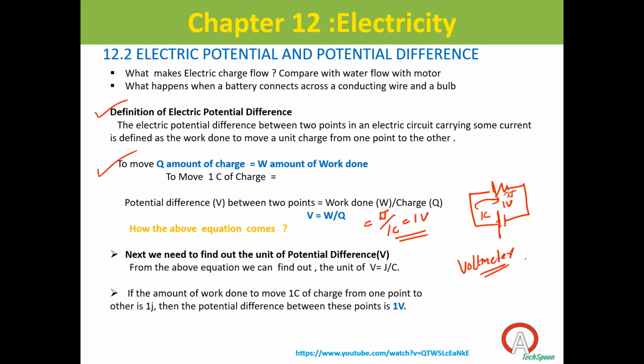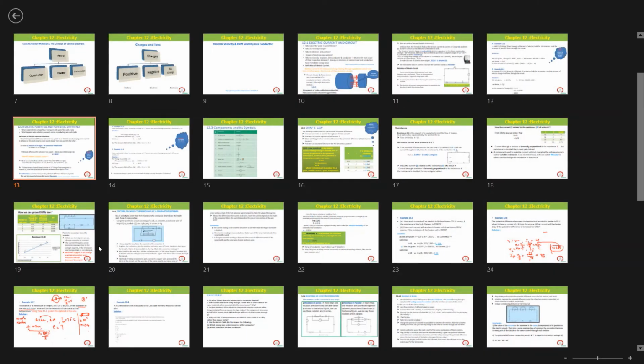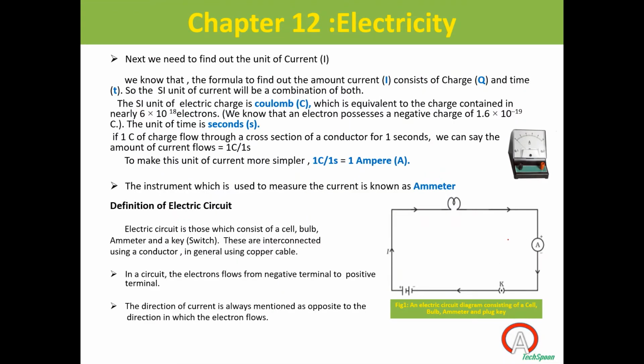Okay. In a circuit, how will we connect an ammeter? Series, right? This is series connection. But if I want to measure the potential difference between these 2 points A and B, I will connect a voltmeter parallel to that.